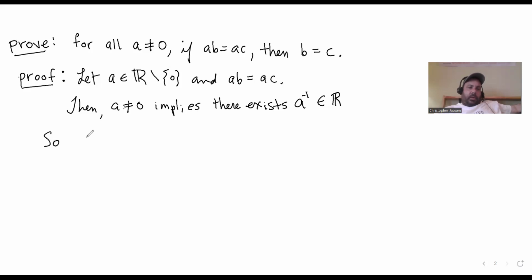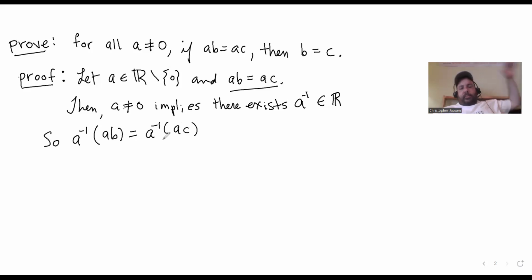So if we take this equation here and multiply both sides by A inverse, again, if you multiply equals by equals, it doesn't change the equality. And we can use the associative law for multiplication. So just reassociate.